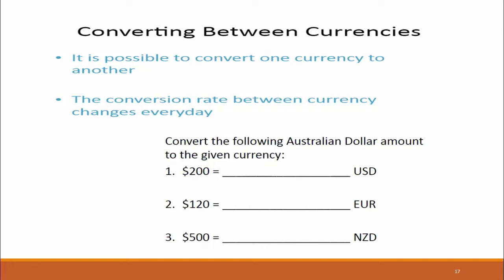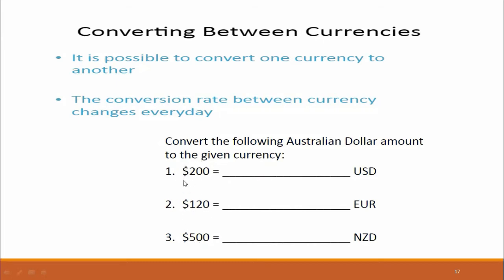For example, see here some examples of converting the following Australian dollar amounts to the given currency. These are the Australian dollar amounts: $200, $120, $100, and $500.